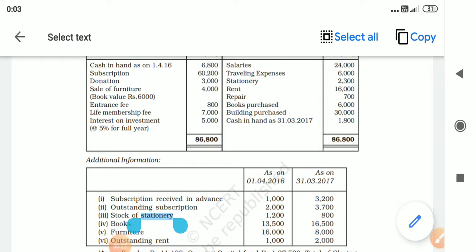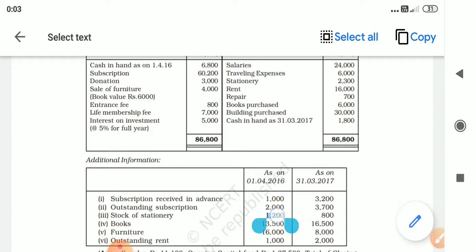In my previous video, accounting treatment for special items, I have explained what you have to do for stock of stationery. It is like cost of goods sold. Opening stock of stationery 1,200 plus purchases 2,300 minus closing stock of stationery 800 will give you stock of stationery consumed.